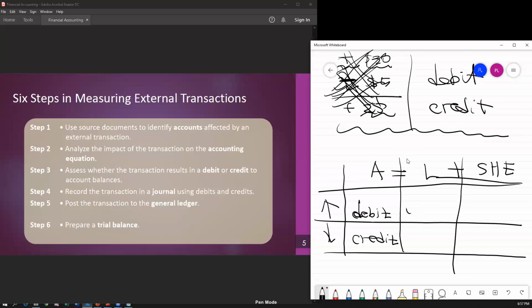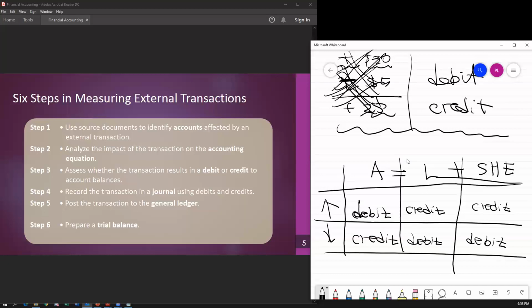We credit the liability. When we decrease the liability, we debit that liability. Since liabilities and shareholders' equity are on the same side, when we increase the shareholders' equity, we credit the shareholders' equity. When we decrease the shareholders' equity, we debit shareholders' equity, okay?